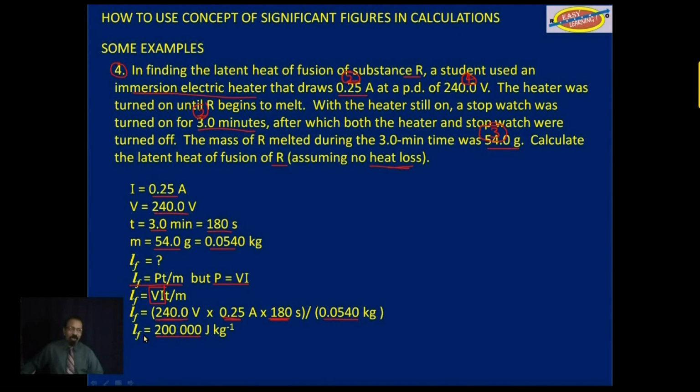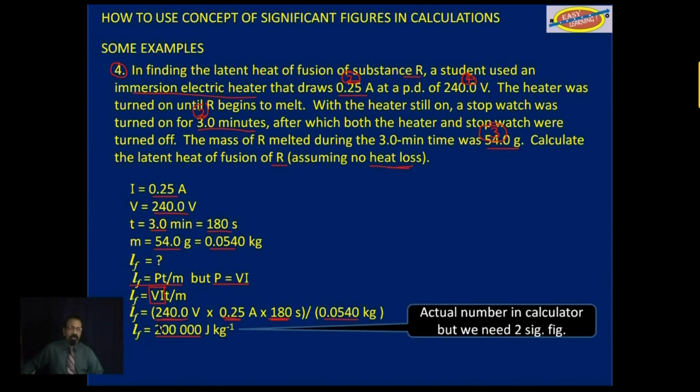Now, this has only one significant figure. The actual number from the calculator is 200,000, but we need two significant figures. State it like this, and since we are rounding off at this position, we take half of the 10,000 position, which is 5,000, and we list it here as plus or minus 5,000.